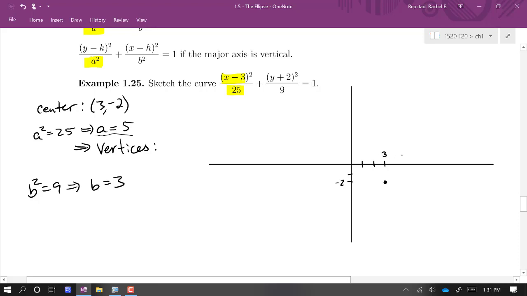And then I've got to go 5 to the right and 5 to the left. 5 to the right is the point 8, -2. And 5 to the left, 1, 2, 3, 4, 5, is the point -2, -2.